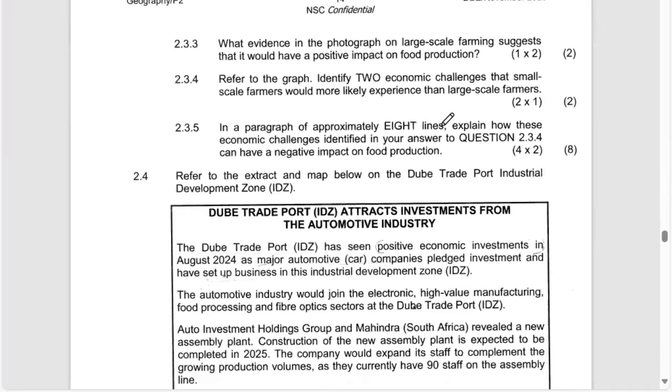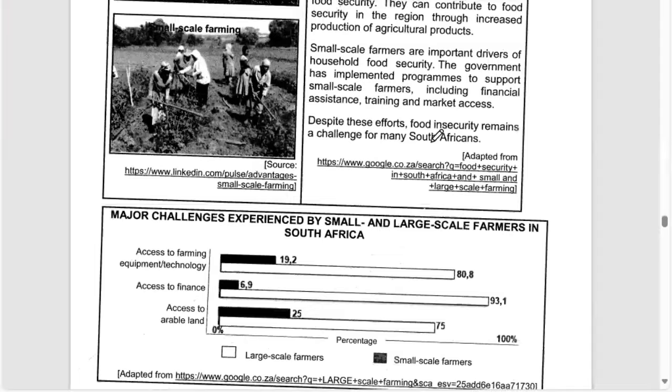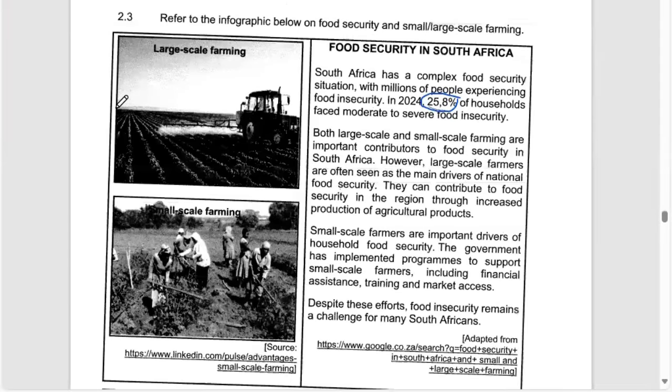What evidence in the photograph on large-scale farming suggests that it would have a positive impact on food production? We want to look at the large scale illustration and try to figure out evidence that large scale can give assurance that you're going to have food security. Right, if we check here, what can we figure out?